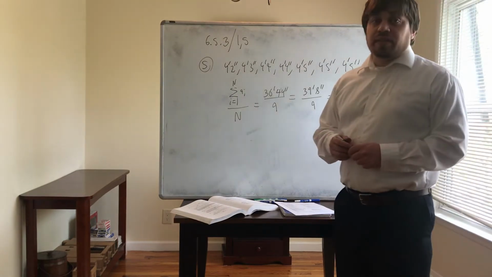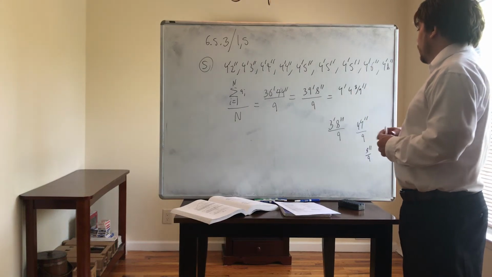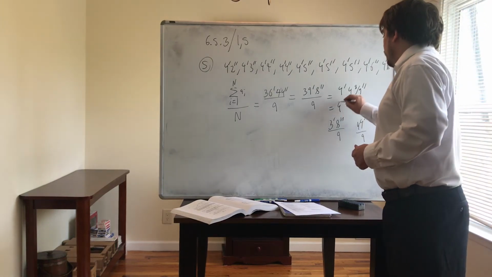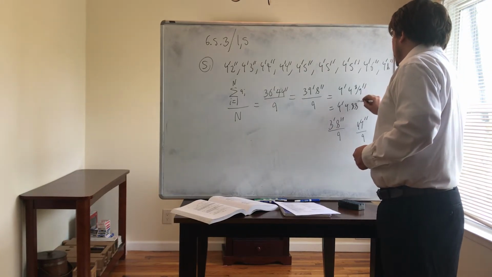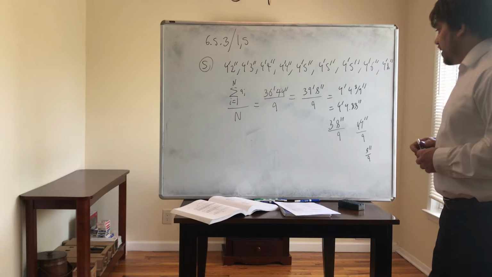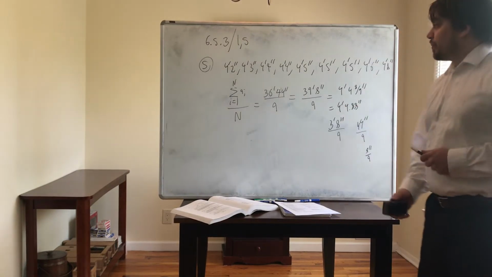So the mean, the average height, is 4 foot 4 and 8/9 inches. As a decimal, that would be 4 feet 4.88 inches. 8/9 is 0.88. So the average is 4 feet, 4.88 inches.